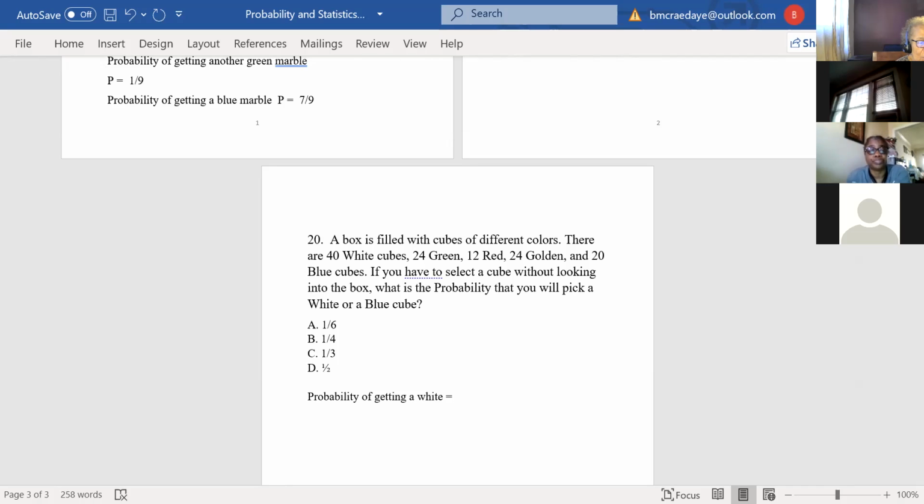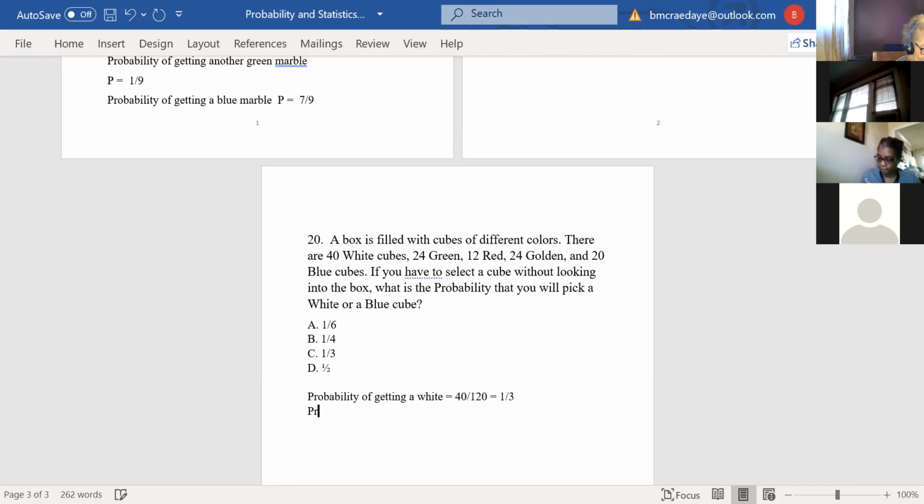How many white are there? 40 over 120. That's right. And let's simplify that. That's equal to what? It would be 1/3, because if you remove the zeros, it's 4 over 12.